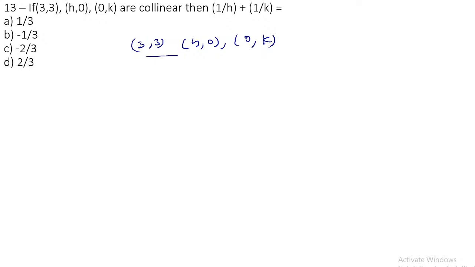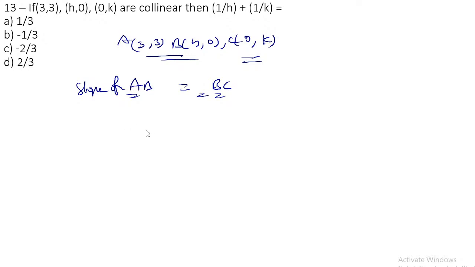How do you solve this problem? Let us take these points as A, B and C. Since these 3 are collinear points, this implies the slope of line segment AB is equal to the slope of line segment BC.